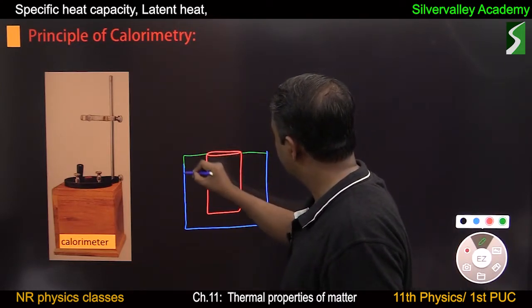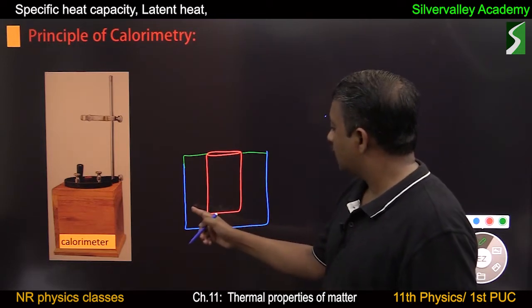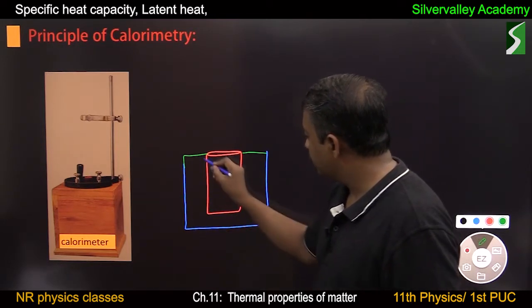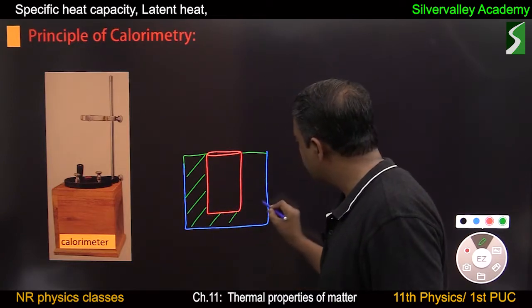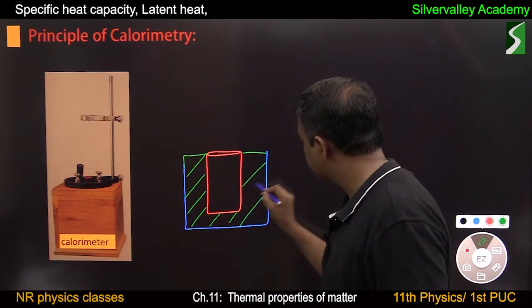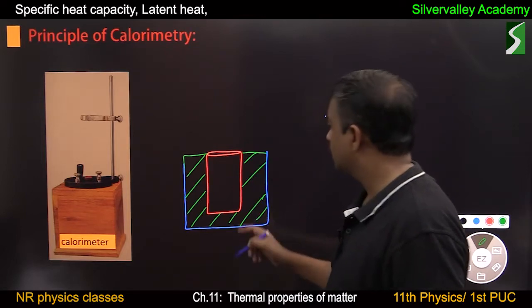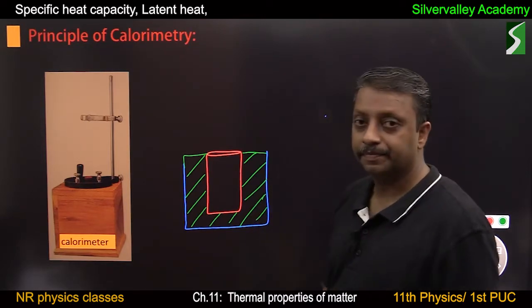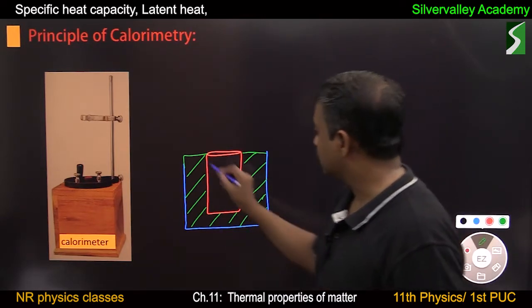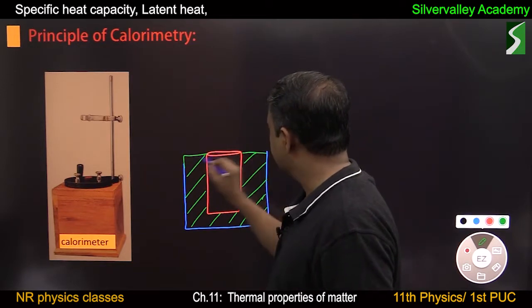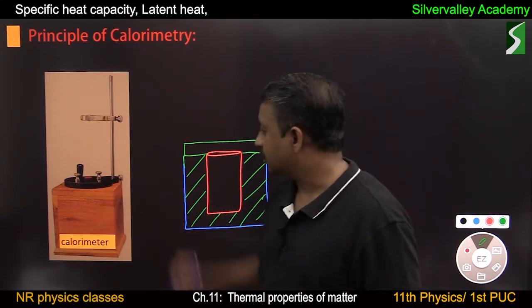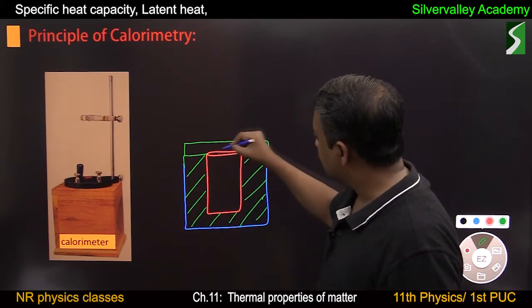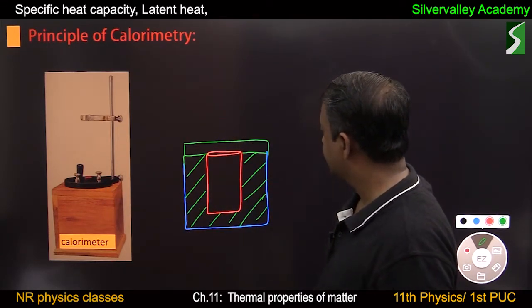Between the wooden box and copper container, there is insulating material to prevent loss of heat. Of course, there should be a lid. Let me write the lid. That lid is this. 2 holes are provided in this lid.